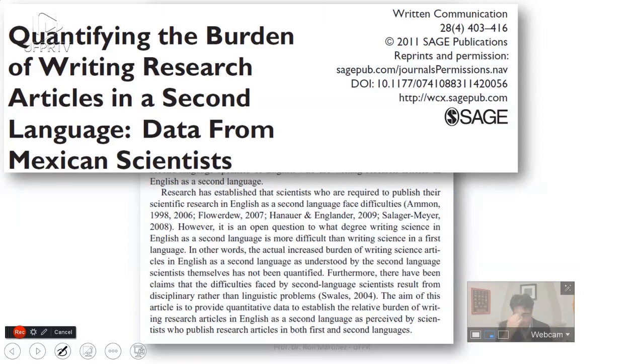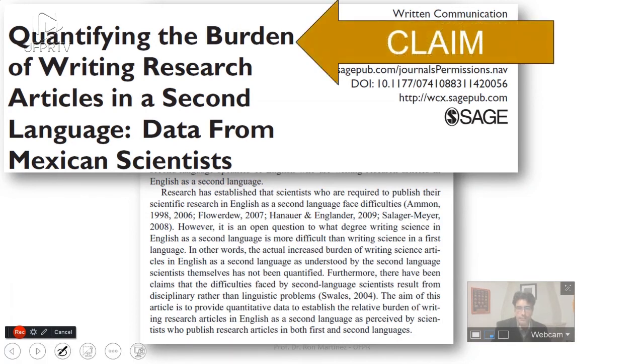So in this case, if you remember this article about the Mexican scientists and the burden of writing in English, they immediately talk about this claim that there is a burden. That's their claim, that there is a burden when they write in English.